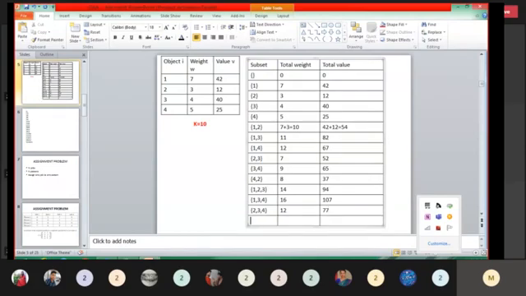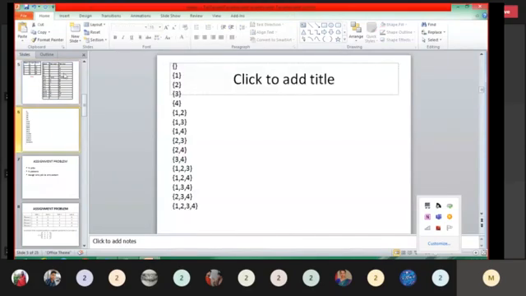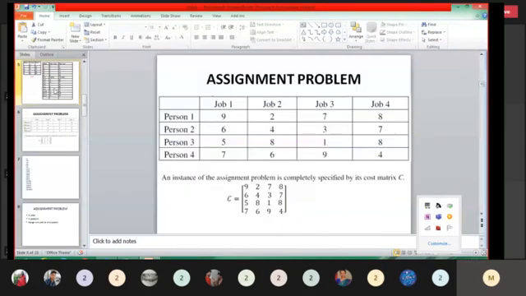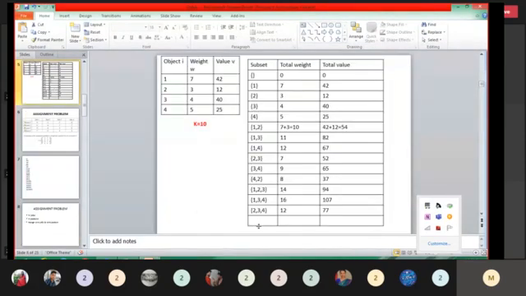Next was 1, 2, 3, 4. We just wrote 2, 3, 4, the previous one. Then 1, 2, 4.